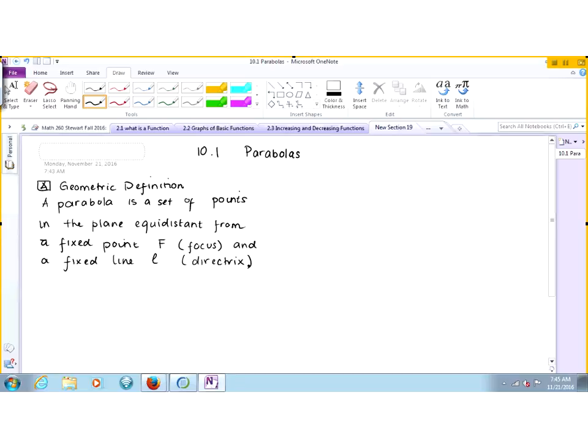All right. So how do we graph these then? Okay, so let's just graph the one with center 0, 0.